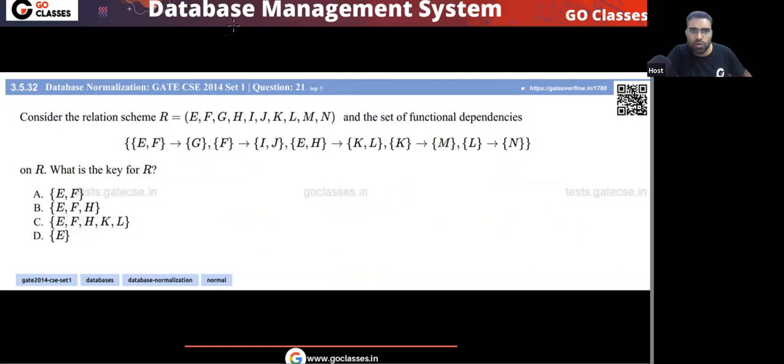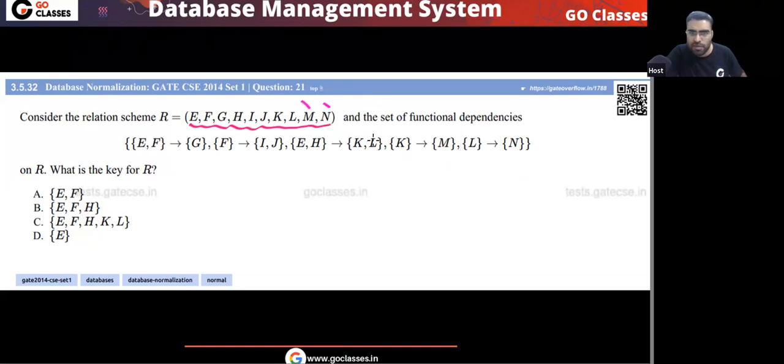Is there any attribute which does not appear on RHS? See, these attributes are given to you: EF, GH, IJ, KL, MN. Now tell me, is there any attribute which does not appear on RHS? N appears on RHS. M appears on RHS.